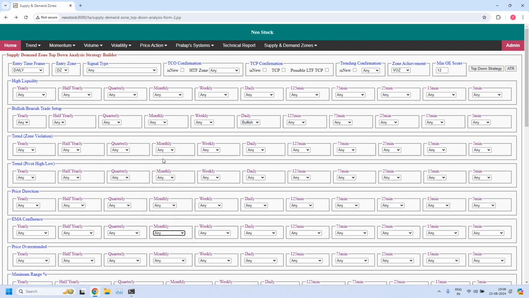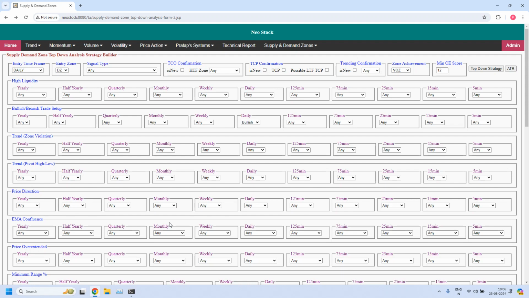Or you can also look for weekly confluence with the weekly zone. But here one problem is there. If monthly EMA confluence and LTF zone confluence is there, then you can plan the trade. But otherwise it doesn't really make sense.